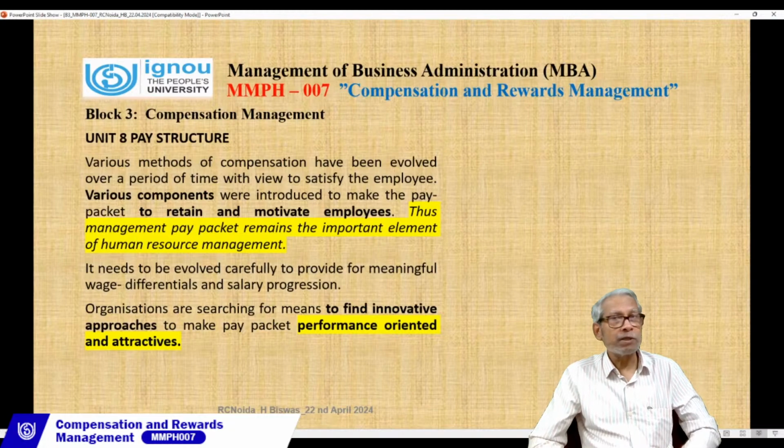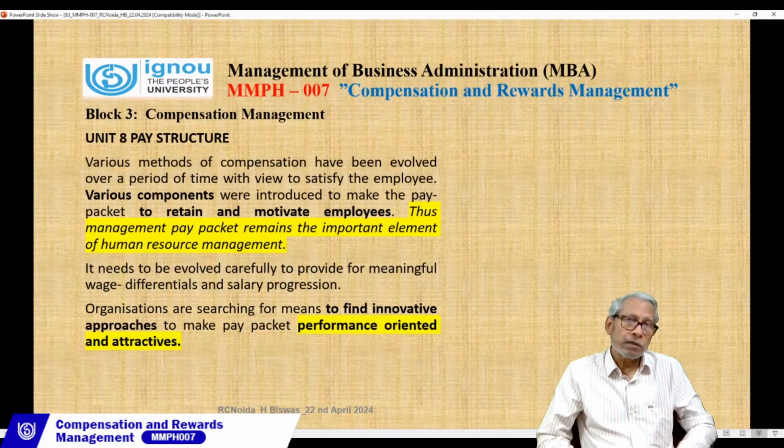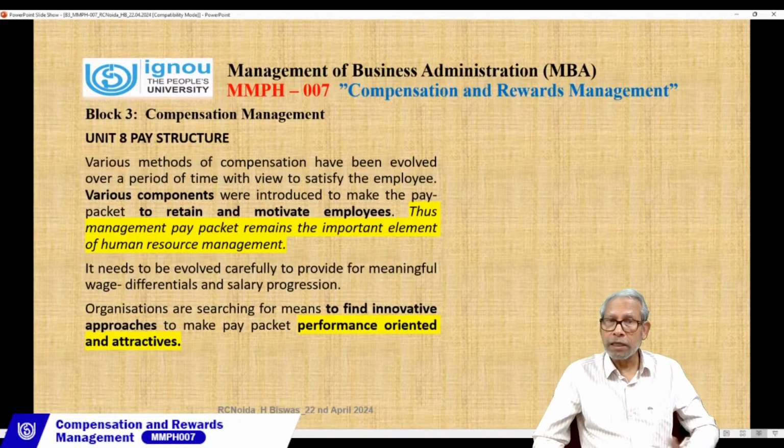Very attractive incentives are there. Apart from the salary, basic and fringe benefits, the incentives are very good. It is product, profit and performance linking.